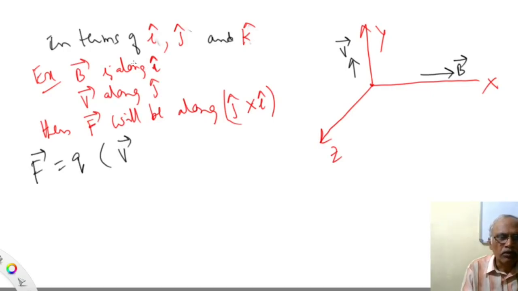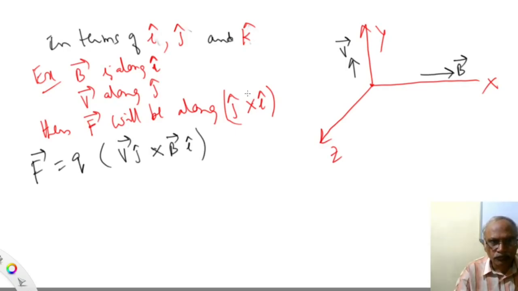V bar is along J and B bar is along I, so J cross I means along minus K. If you rotate the screw from J to I, the screw will go in the negative Z axis. So J cross I is minus K, along the negative Z axis, and the force will be along this side.